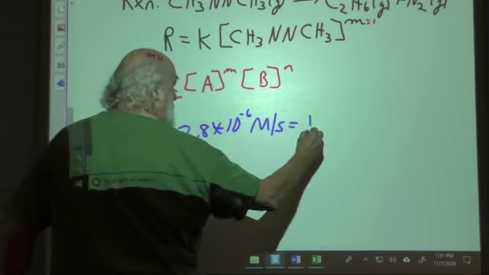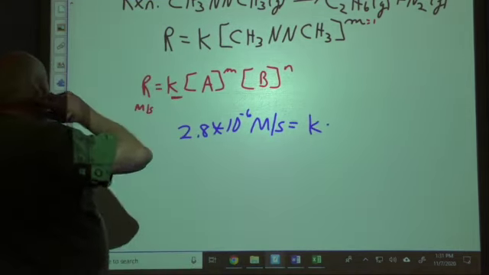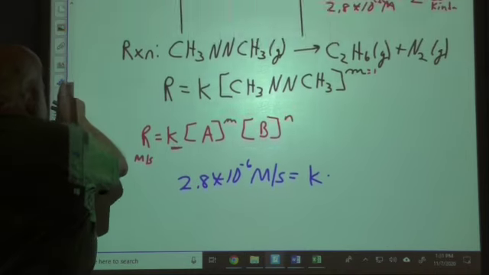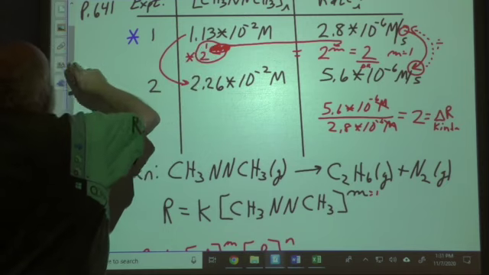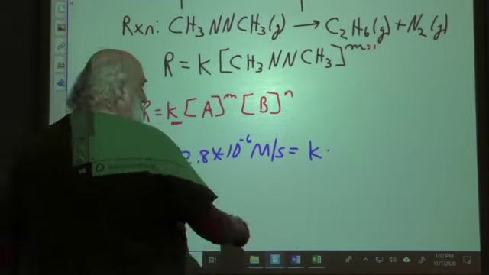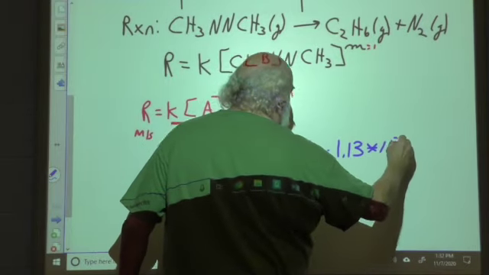K, which we don't know is what we're going to solve for, times the concentration in number 1. So initial concentration number 1, 1.13 times 10 to the negative 2. And that is moles per liter.